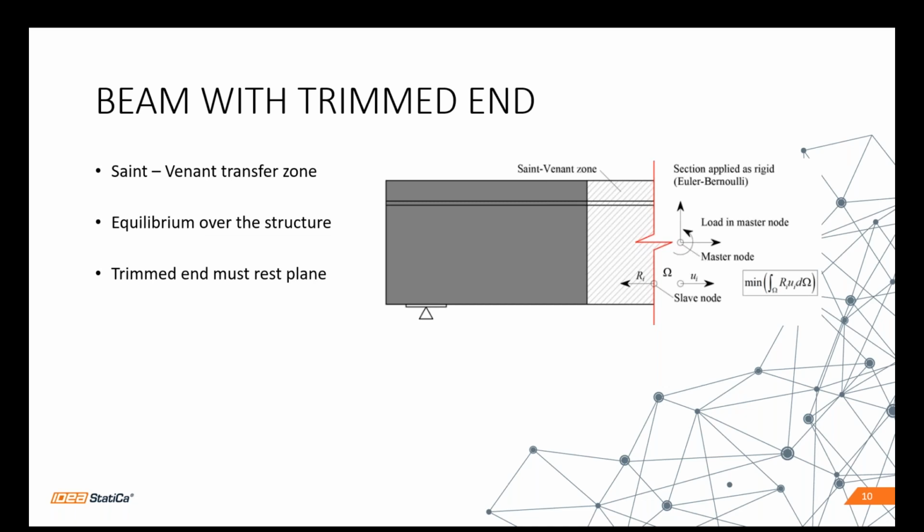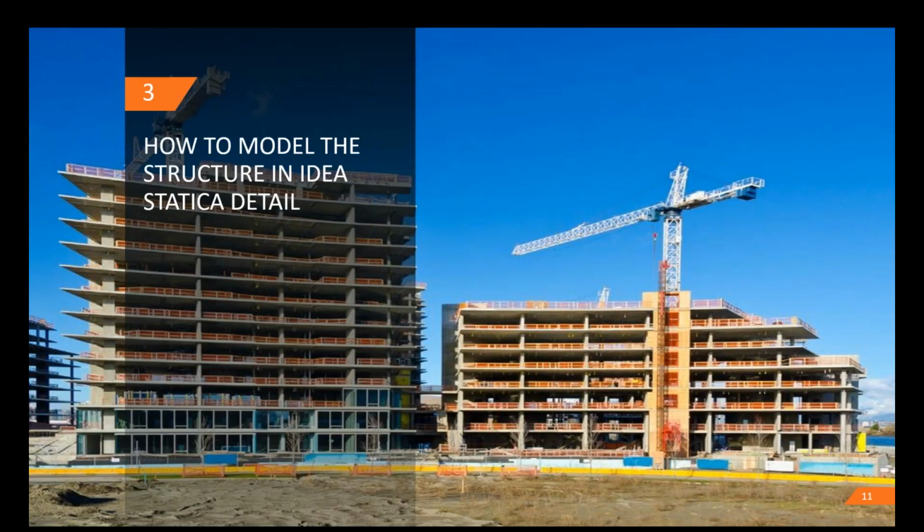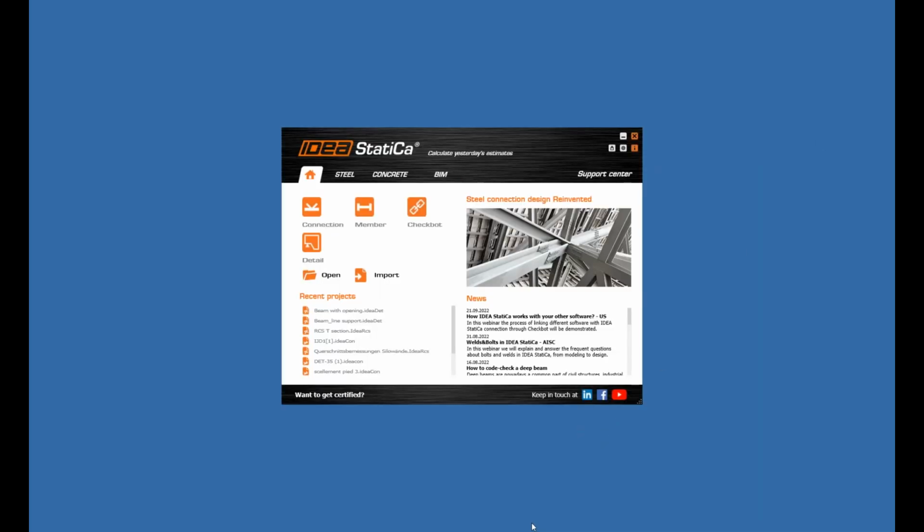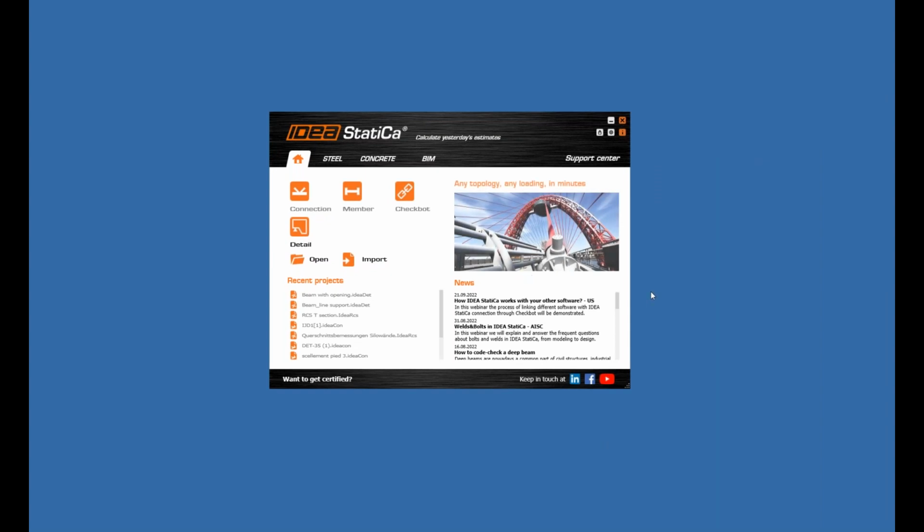And that was all for the theory. Now let's have a look at how to model the structure in the IDEA StatiCa Detail application. So I will leave the presentation and open the Detail application.